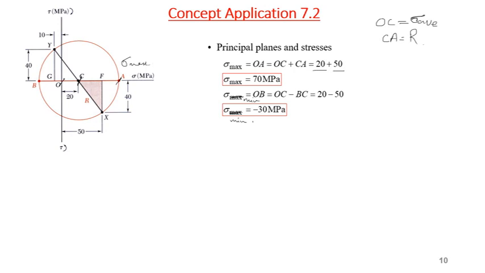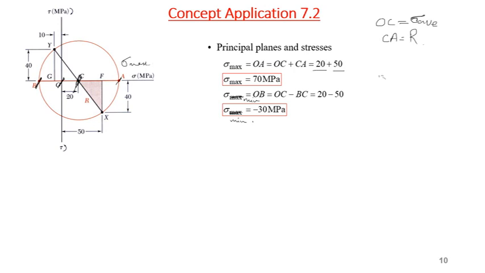So sigma minimum will be what? From this center to this. So OB is my minimum stress. So that is equal to what? The radius, CB or BC, is my radius, minus this average stress.